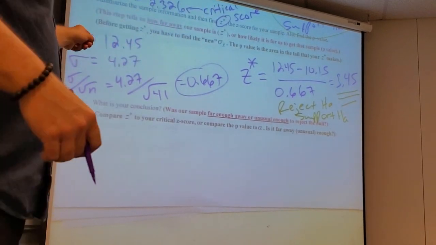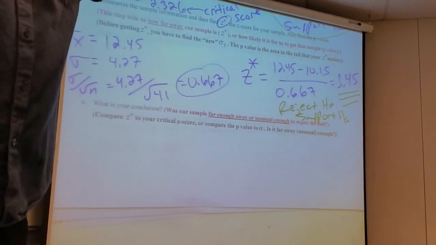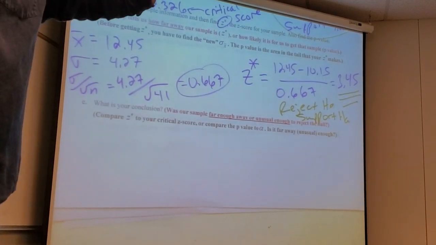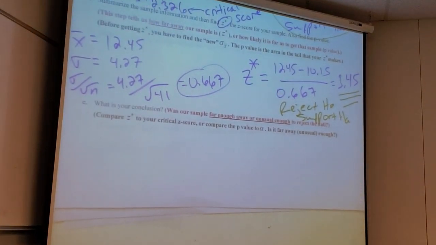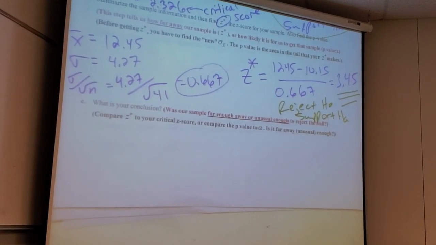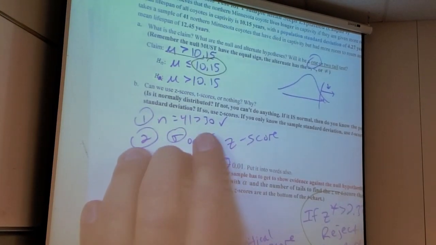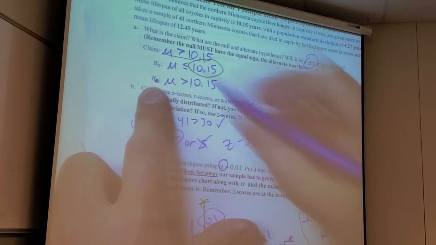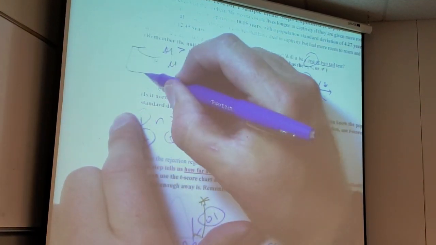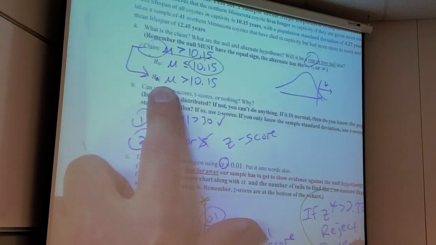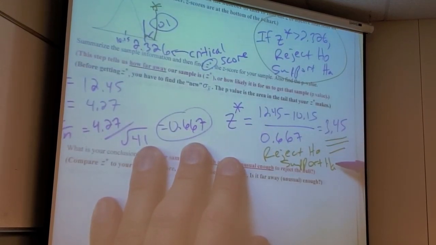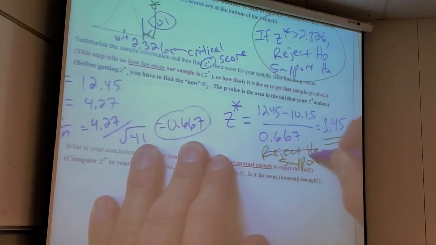So when we write a conclusion, it has to reference the claim. Remind me, was it the Ho or the Ha? Which one of those was the claim? The Ha was the claim in this case. It won't always be. So which language do I want to use then? If I want to talk about the claim, this language.